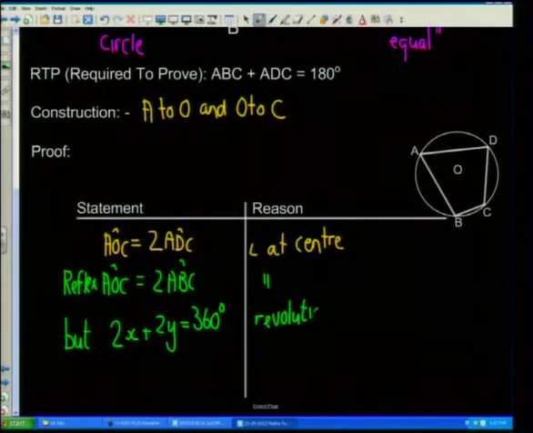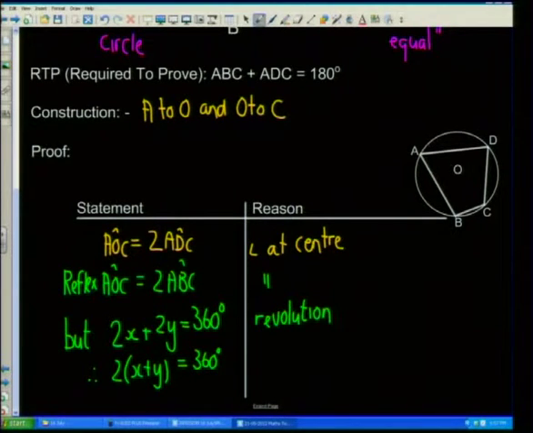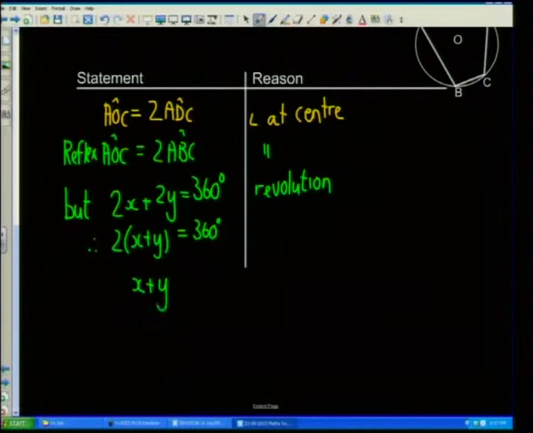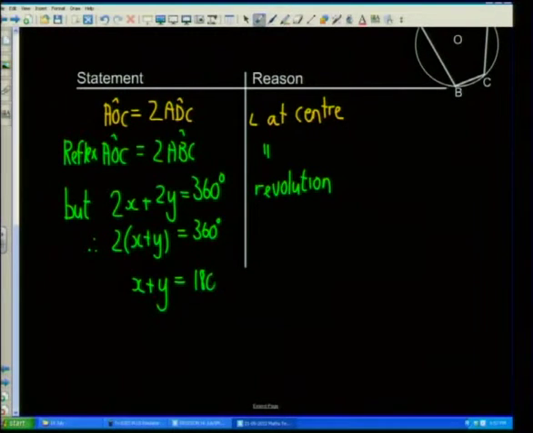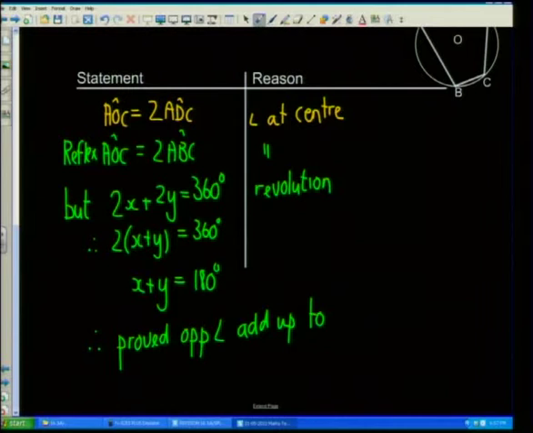Okay? And finally, we can therefore say that 2(x plus y) comes to 360 just by taking out my common factor. And so that means that my x and my y come to 180. So therefore, I've proved that my opposite angles add up to 180.